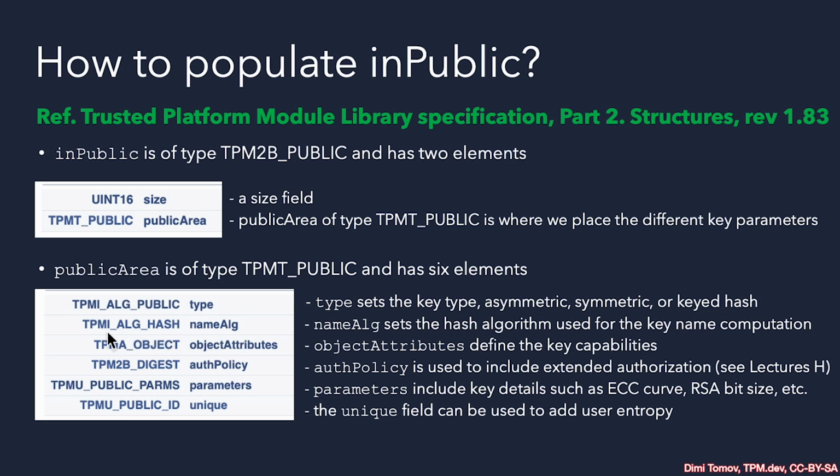And as you can see from its type, TPMI_ALG_HASH, this is actually an identification for a hash algorithm. Why? Because nameAlg sets the hash algorithm to be used by the TPM when it computes the key name. Then we have object attributes, a very important part of the key properties.